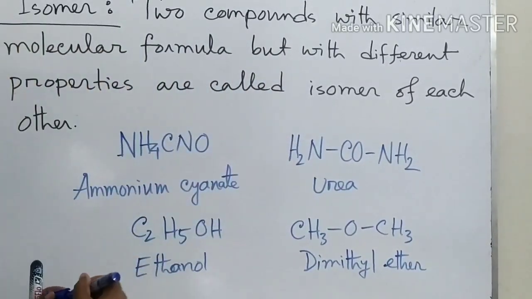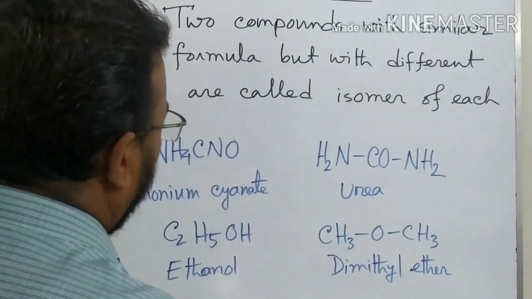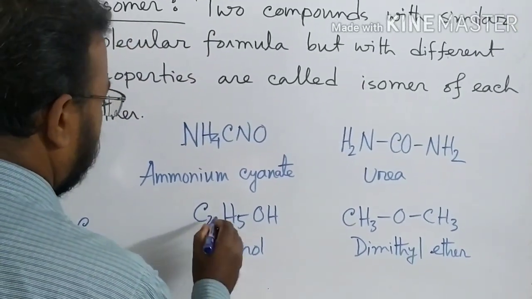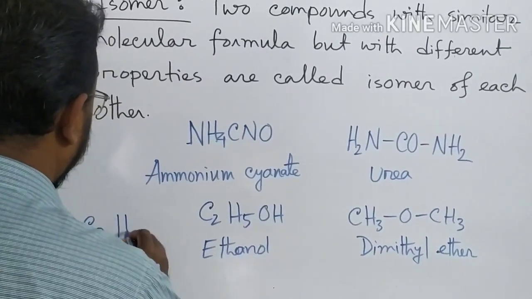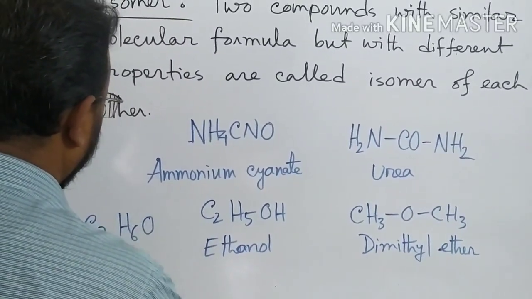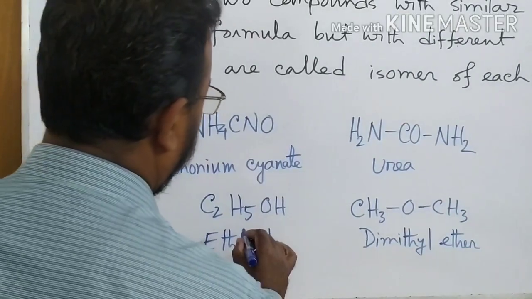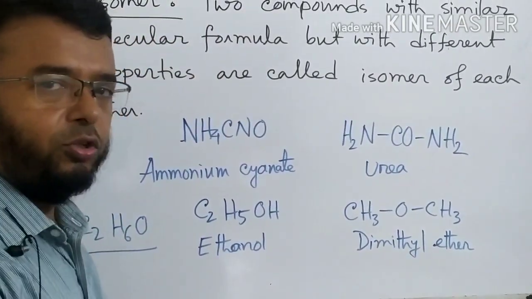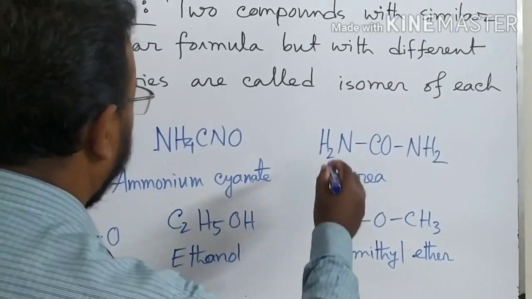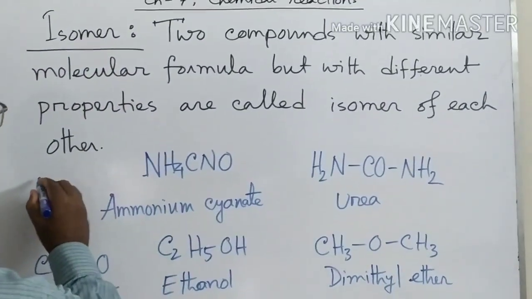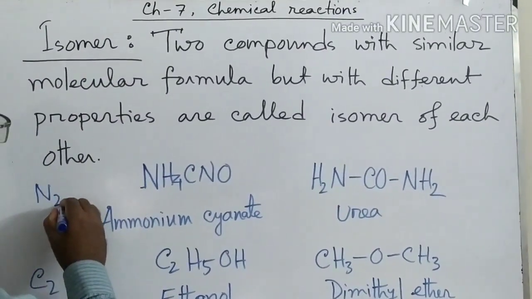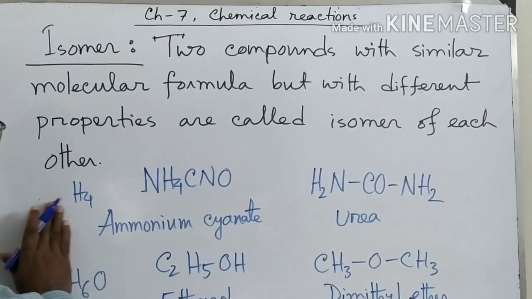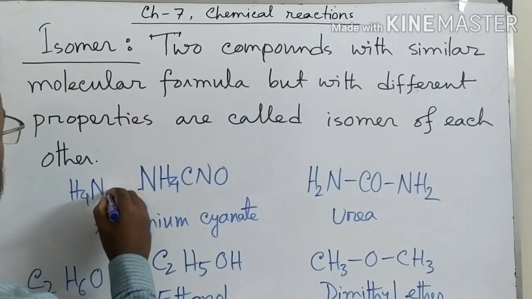So these two compounds also have the same molecular formula. That means it is C2H6O. So it is the molecular formula, but their properties are different, ethanol and dimethyl ether. So these two are also isomers of each other, and here the molecular formula is N2H4N2CO.